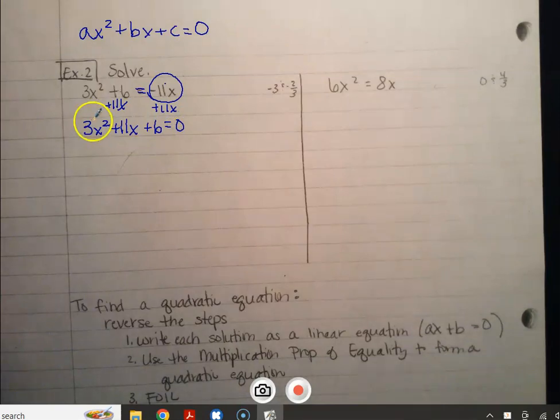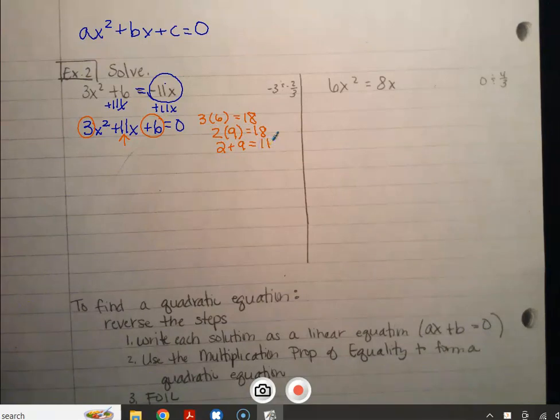And now we can solve. We have an a value of 3 and a c value of 6. So 3 times 6 equals 18. What are the factors of 18 that are going to get me 11? We need this positive 11 here. Well, I know that 2 times 9 is 18, and 2 plus 9 equals 11.